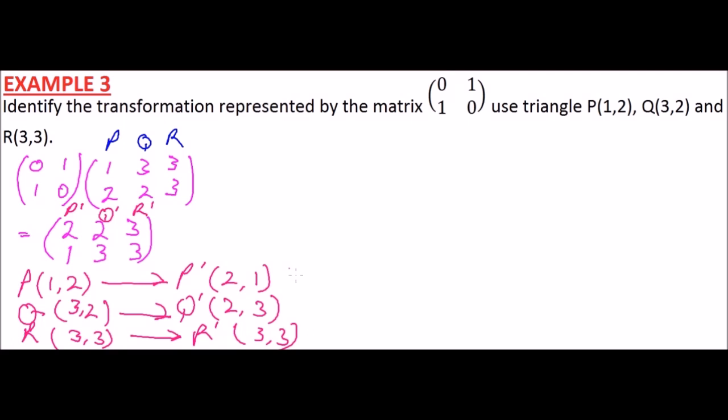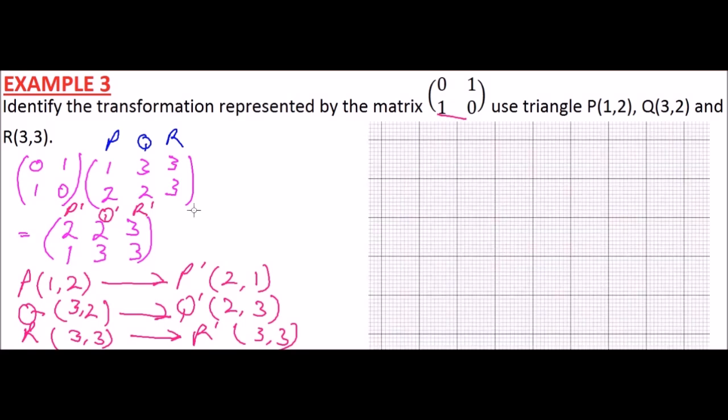Now we should plot the two triangles so that we are able to find out what transformation is represented by this matrix. This is a graph paper that we are going to use to plot our two triangles. So we go ahead and label our triangle.